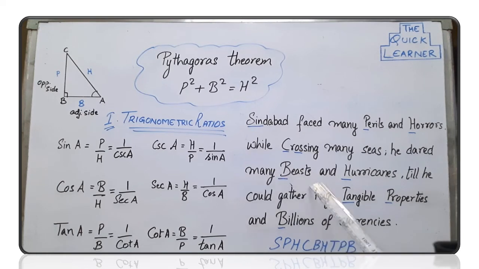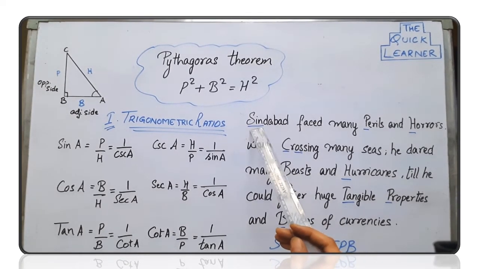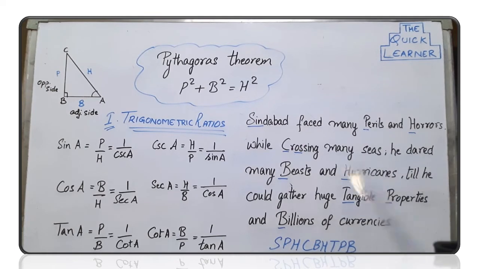He dared many beasts and hurricanes till he could gather huge tangible properties and billions of currencies. Here, as you can see, I have underlined sin P by H, cos B by H and tan P by B.